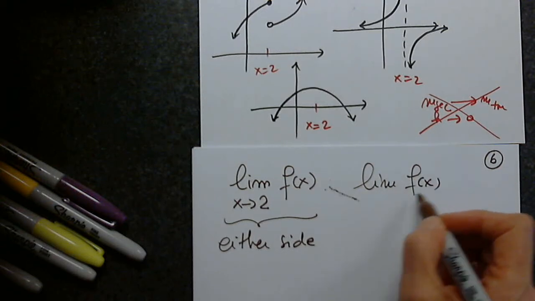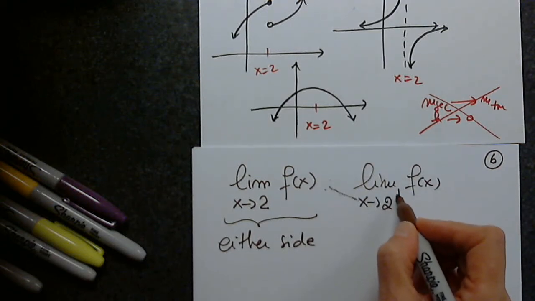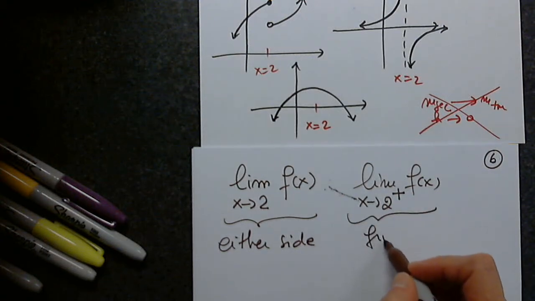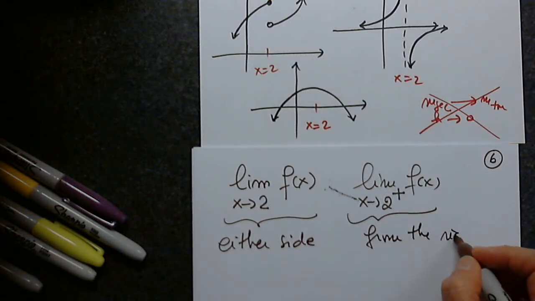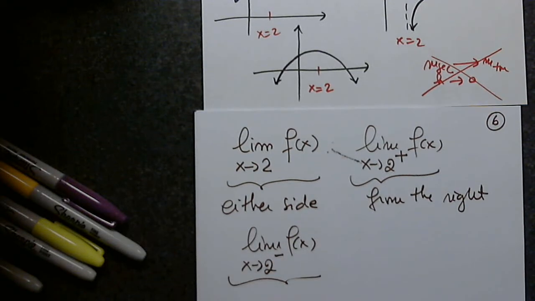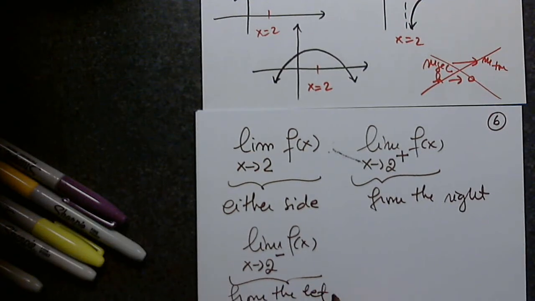Limit of f of x as x approaches 2 from the right, which means specifically with numbers that are greater than 2. And of course, we have the limit of f of x as x approaches 2 from the left, which means with numbers smaller than 2, from the left.